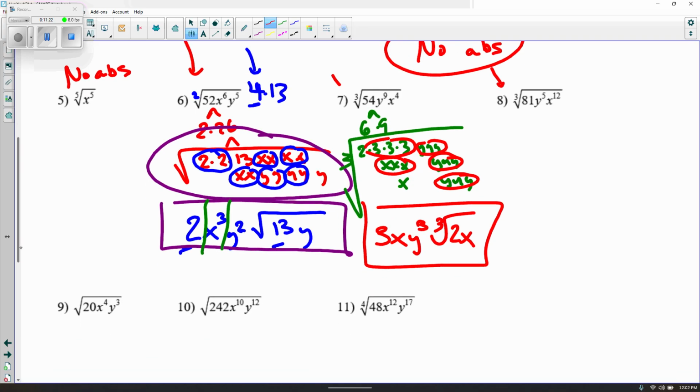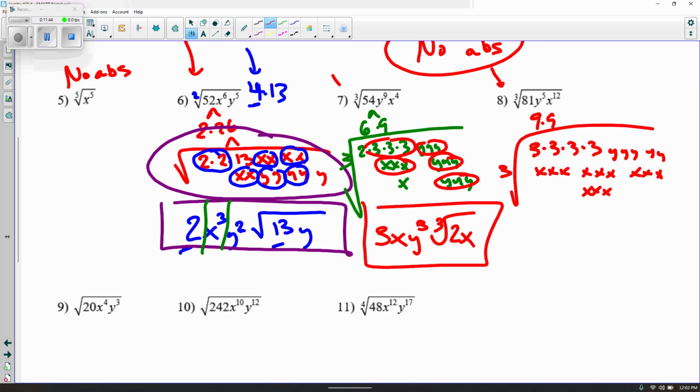So 81 breaks down to a bunch of 3s, right? And a bunch of y's. And a bunch of x's. And somebody goes, I don't want to write down 12 x's. How long did it take me to write down 12 x's?